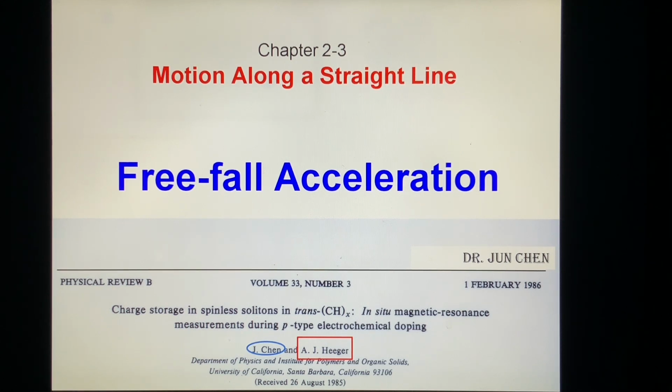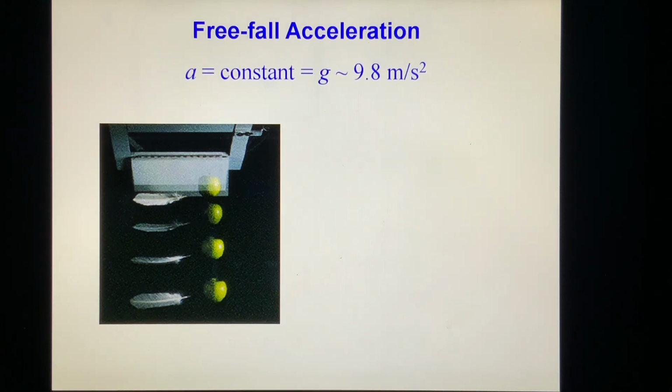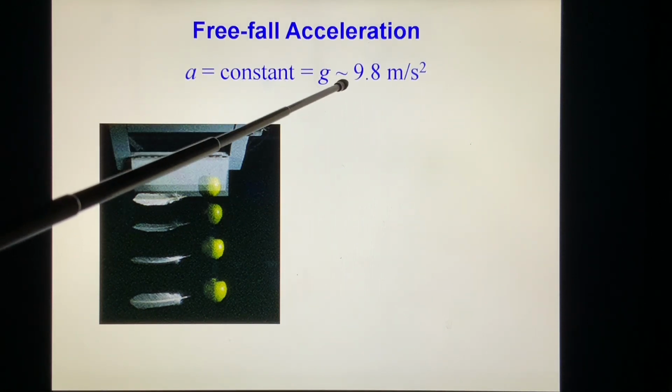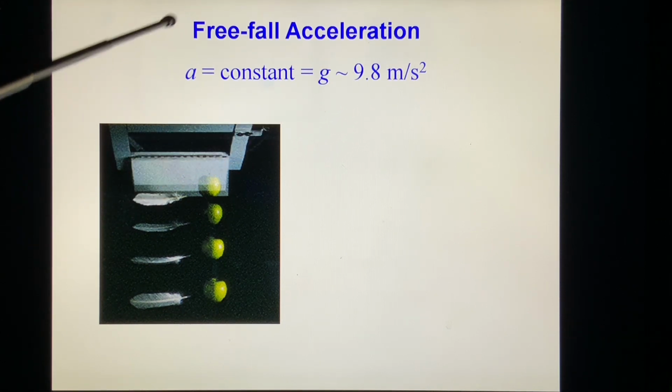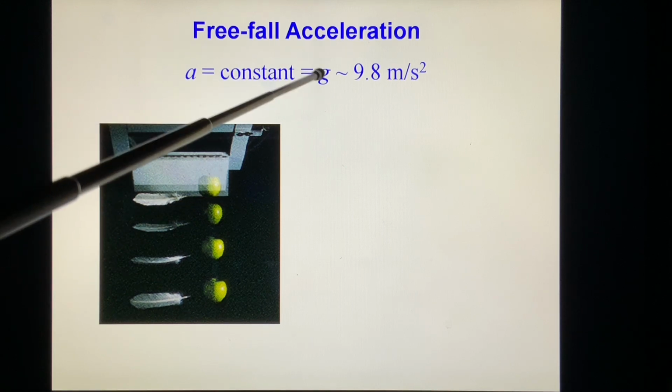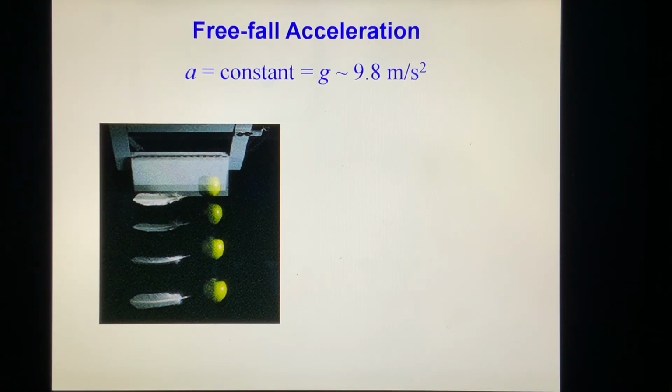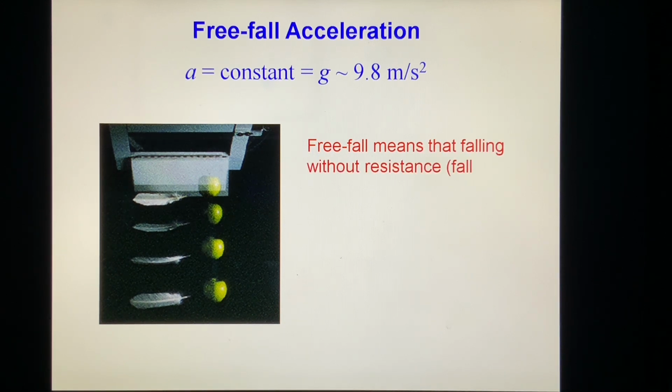Free fall acceleration: a is constant, equal to g, approximately 9.8 meters per second squared. It's the free fall acceleration. We call g the gravitational acceleration. Free fall means falling without resistance, falling in vacuum.